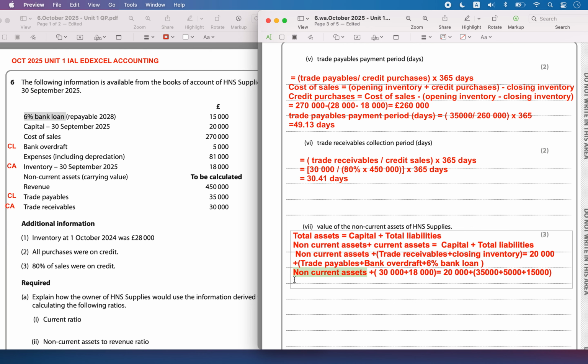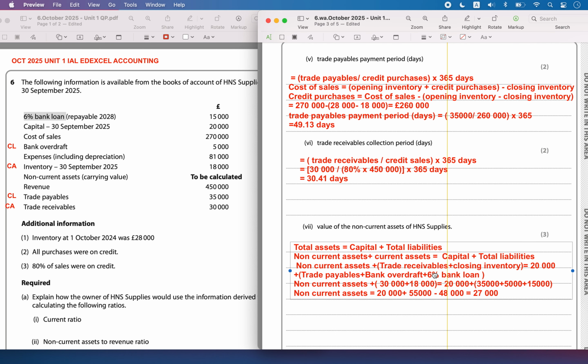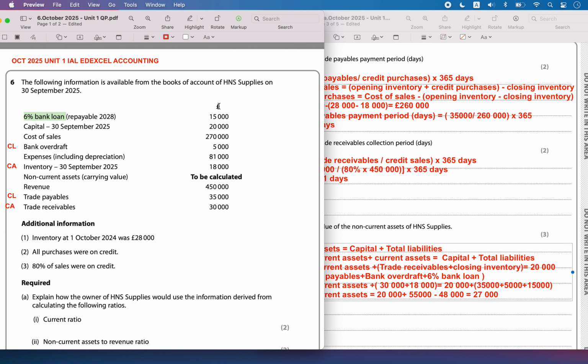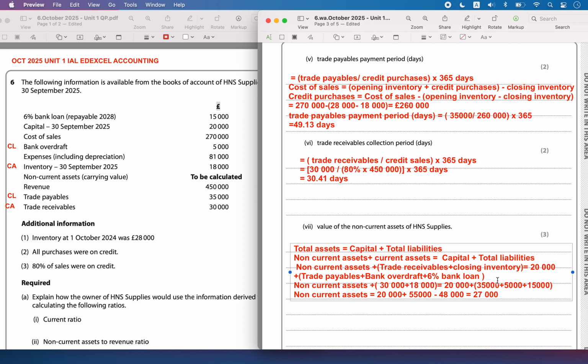Let's rearrange: 20,000 plus 55,000 minus 30,000 plus 18,000, that is 48,000. So we get 27,000. The non-current asset value is around 27,000.